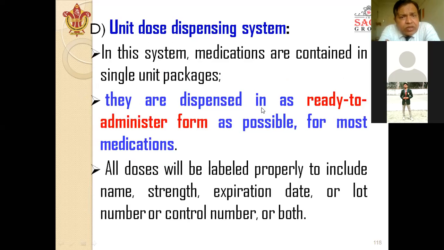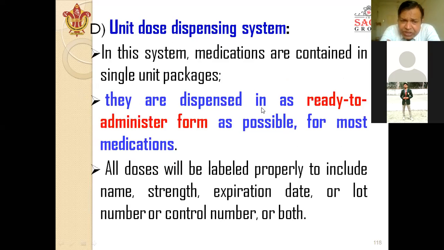Now, for this, the unit dose dispensing system. This is important. In this system, medications are contained in a single unit package. They are dispensed in a ready to administer form as far as possible for most medications.